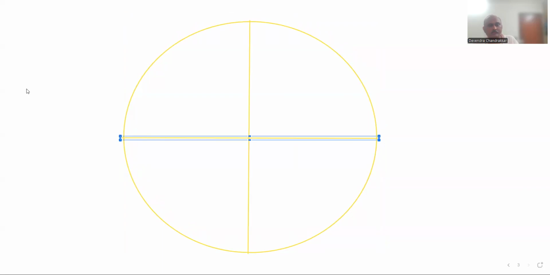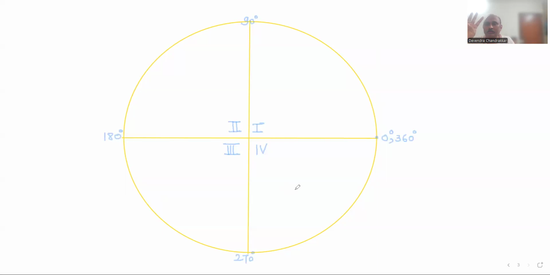This is the first quadrant, this is the second quadrant, this is the third quadrant, and this is the fourth quadrant. First quadrant lies between 0 degrees and 90 degrees. Second quadrant lies between 90 degrees and 180 degrees. Third lies between 180 and 270. And fourth lies between 270 and 360.